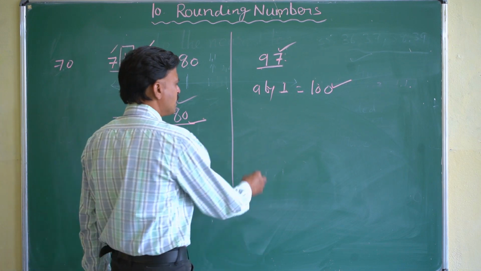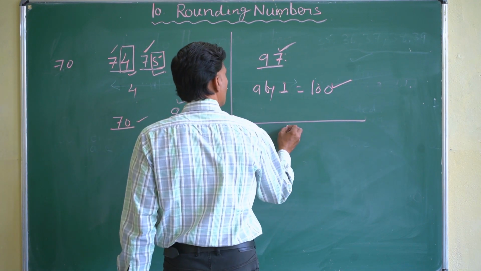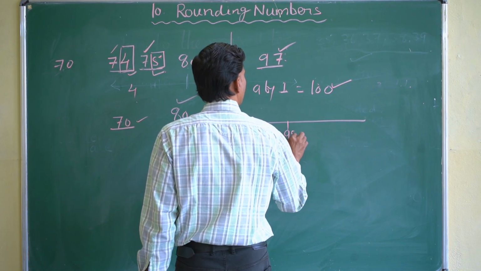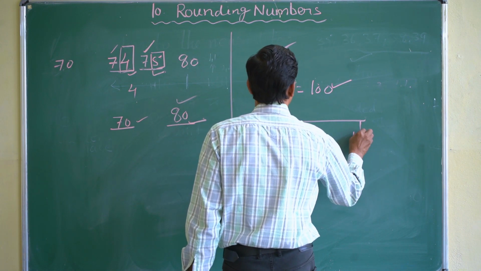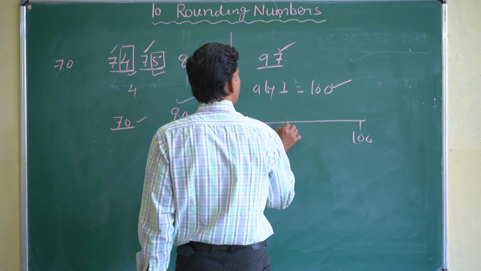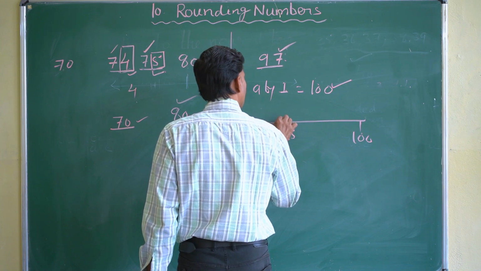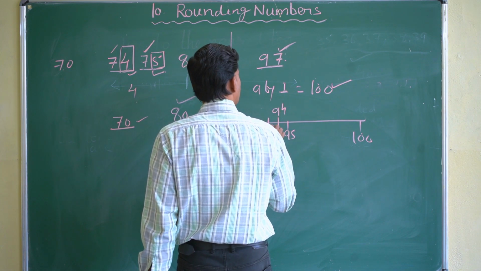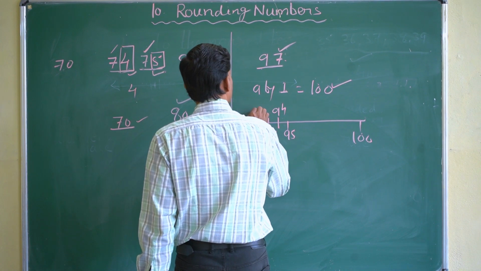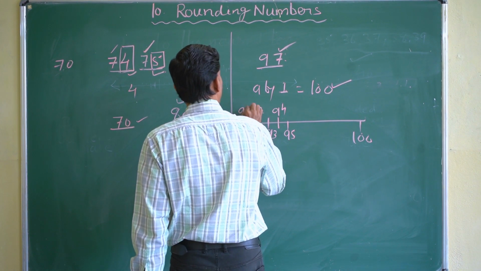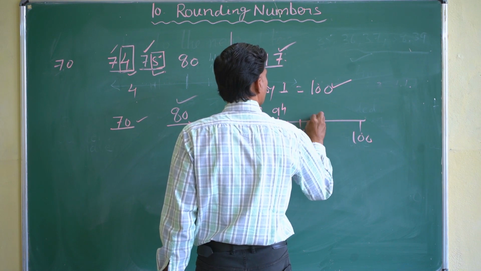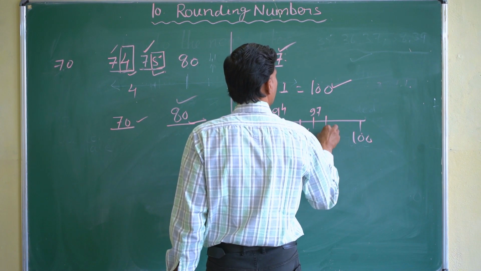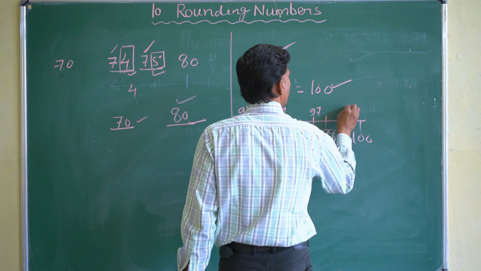Or you can see it on the number line also. Suppose this is 95, this is 90, and this is 100. Less than 95 means 94, 93, 92 and 91, and here 95, 96, 97, 98, 99.